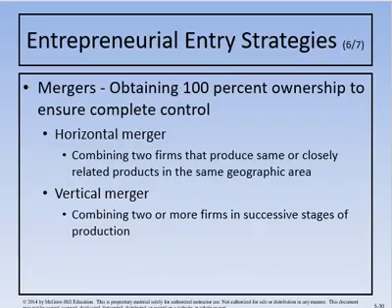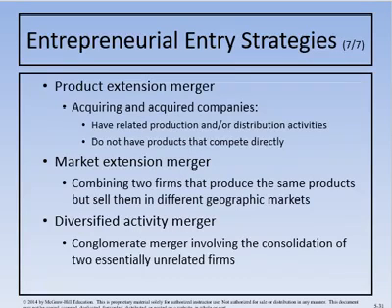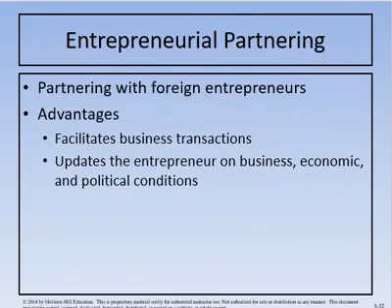Next, a merger, obtaining 100% ownership to ensure complete control. It can happen through horizontal or vertical. Next is the product extension merger, the market extension merger, the diversified activity merger, and then partnering with a foreign entrepreneur. The advantage is that it facilitates business transactions when you have a partner from the other country.